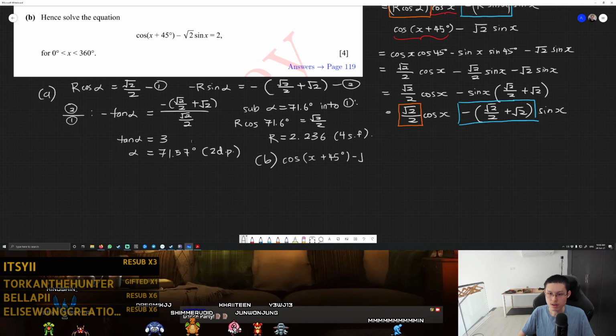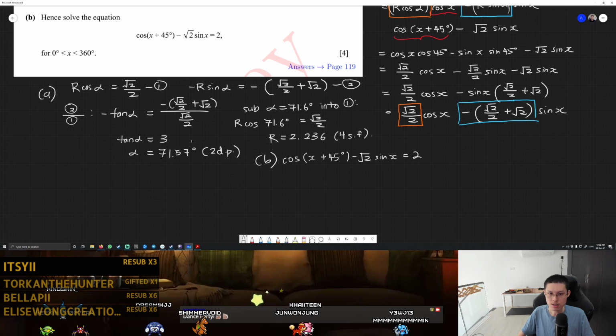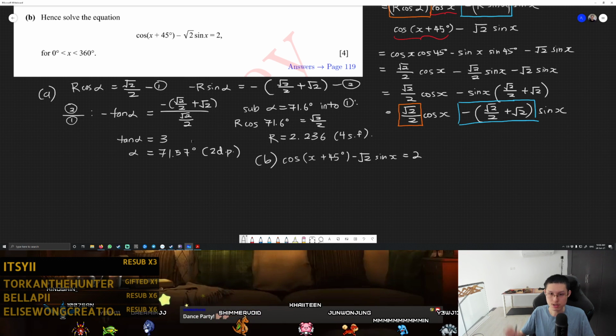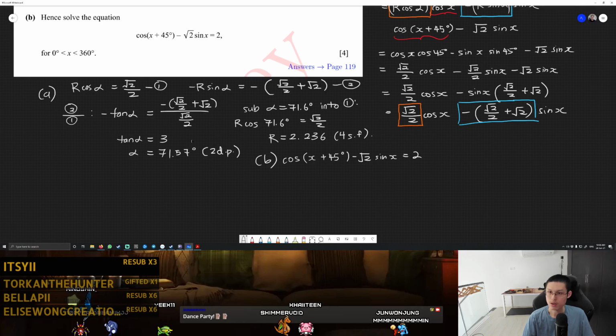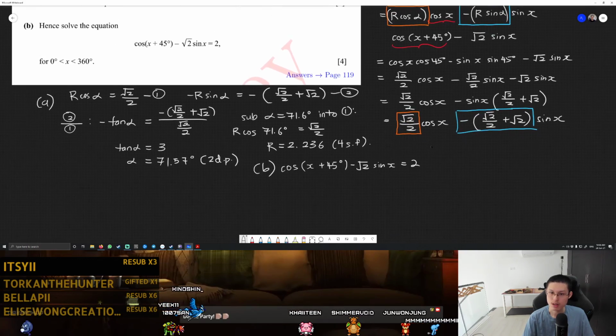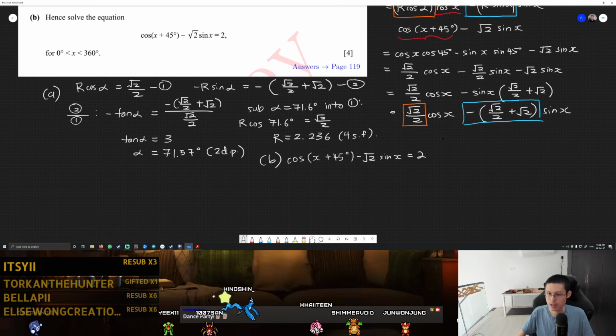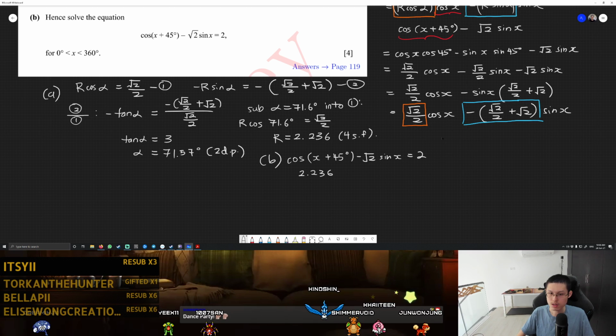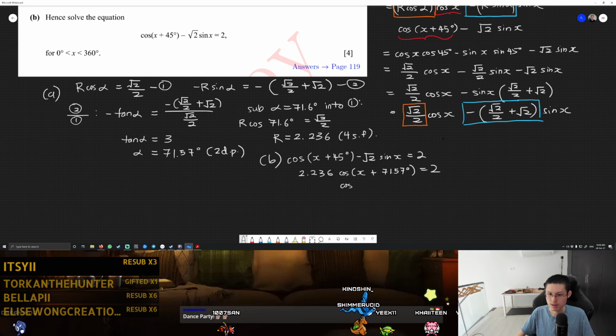Then -√2 sin x equals 2. So this guy, we can actually write this as r cos something, right? The one we got earlier, which was this r cos x plus alpha. And we've actually found what r and alpha is. So r is actually 2.236 cos x plus 71.57. And now we can solve this.